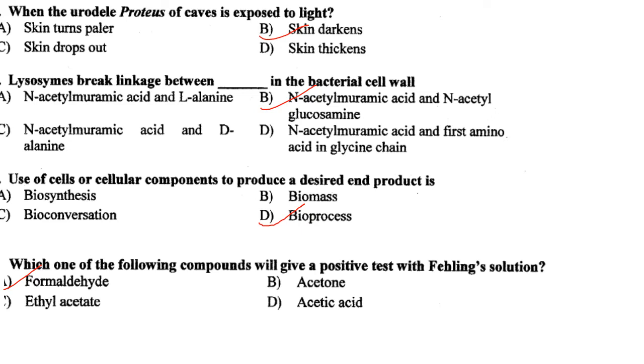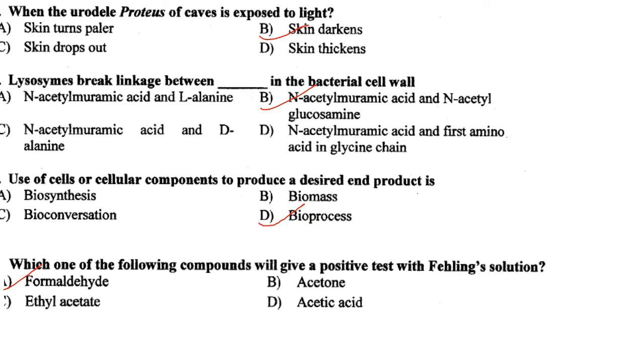Use of cells or cellular components to produce a desired end product is called as bioprocess. Answer is option D. Biomass is a renewable organic material that comes from plants and animals.